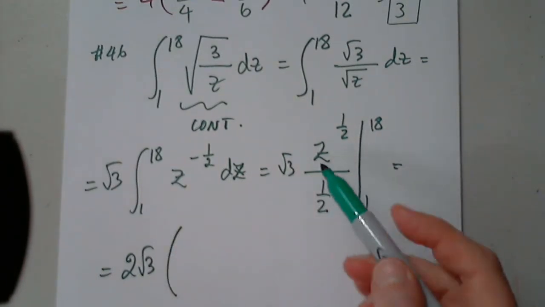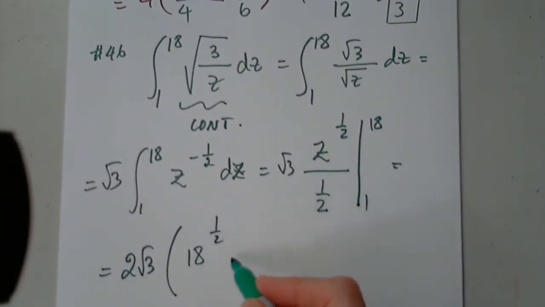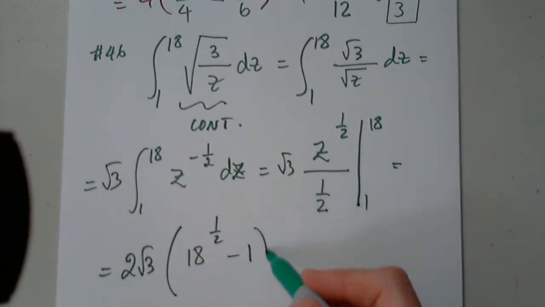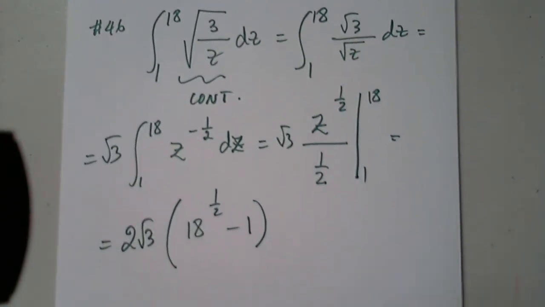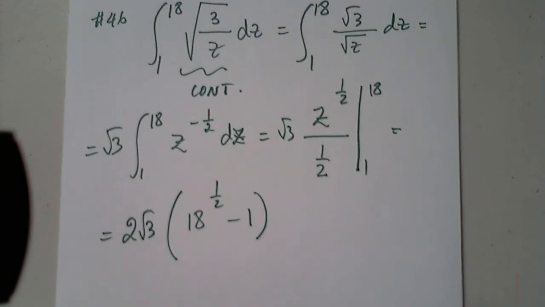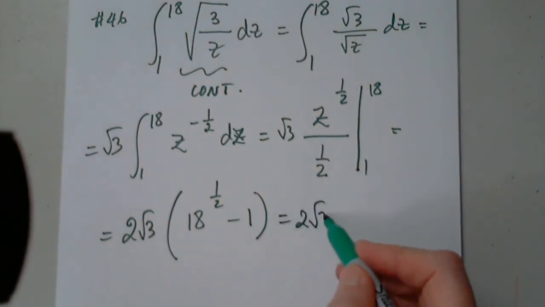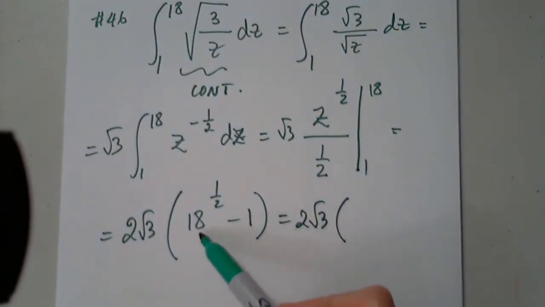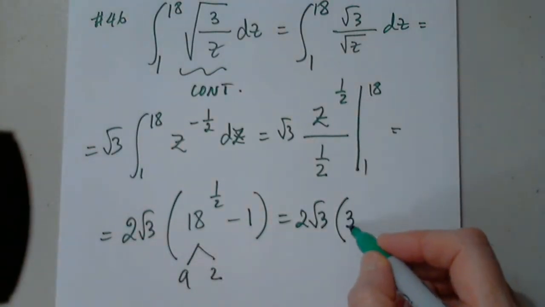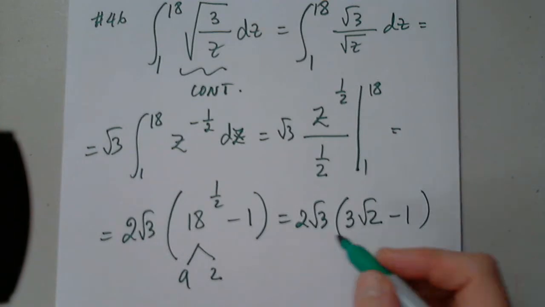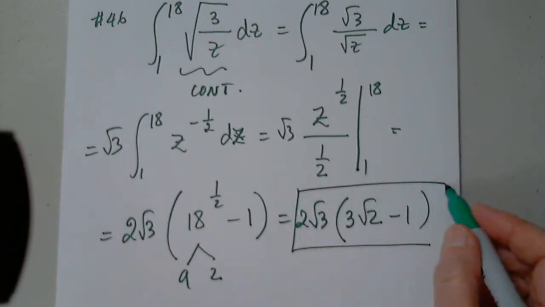Open, plug in 18, and subtract when I plug in 1. The square root of 1 is 1. So this is 2 the square root of 3, and this will be the square root of 18, which is 9 times 2, so 3 the square root of 2, minus 1. I wouldn't do anything else to it.